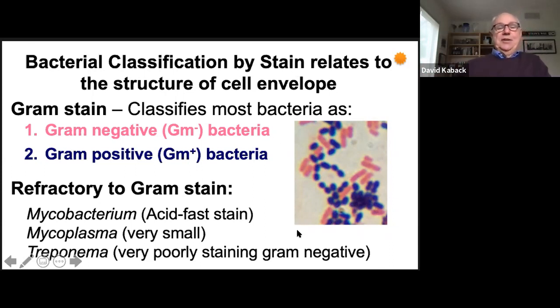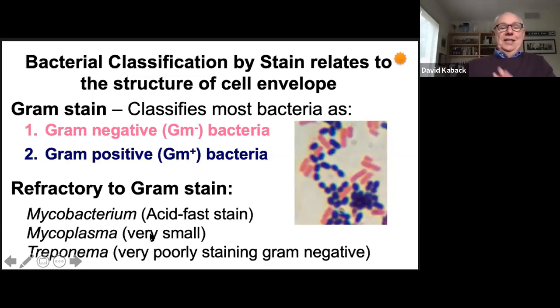Then there are a bunch of bacteria that are refractory to gram stain, don't stain at all, like mycobacteria. And mycobacteria you can see because they stain with carbolfuchsin, which is called the acid-fast stain. And then there are bacteria like mycoplasma that are so small you really can't see them. They're barely dots in an oil immersion microscope, so you really can't tell what they are.